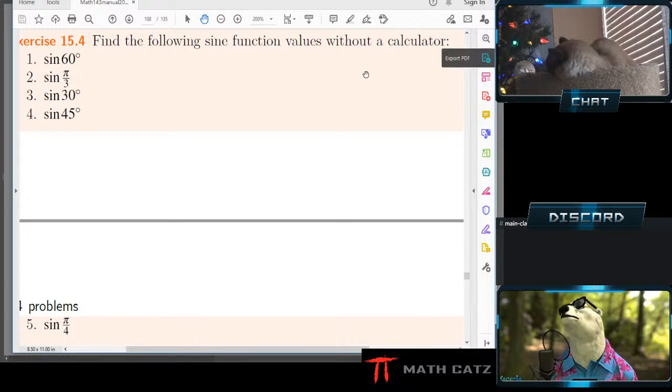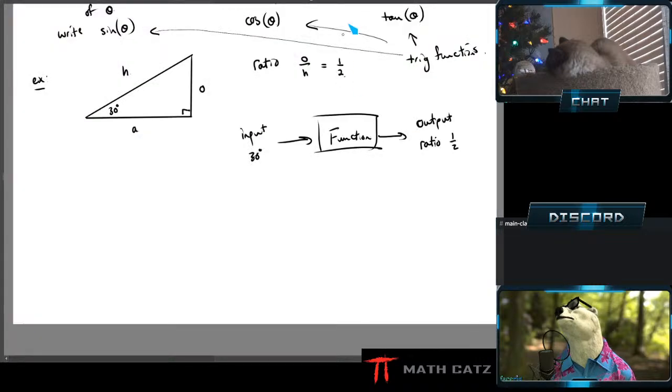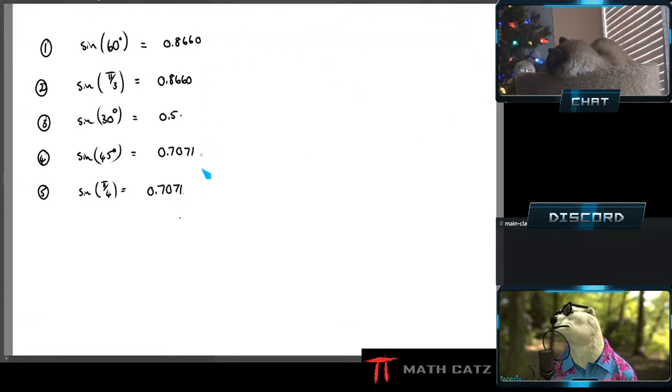If we focus on some familiar angles, and 60 degrees, 30 degrees, 45 degrees will be our familiar angles, or their radian equivalent pi over 3, pi over 6, pi over 4, which it's best to memorize and know. If we can handle them without a calculator.